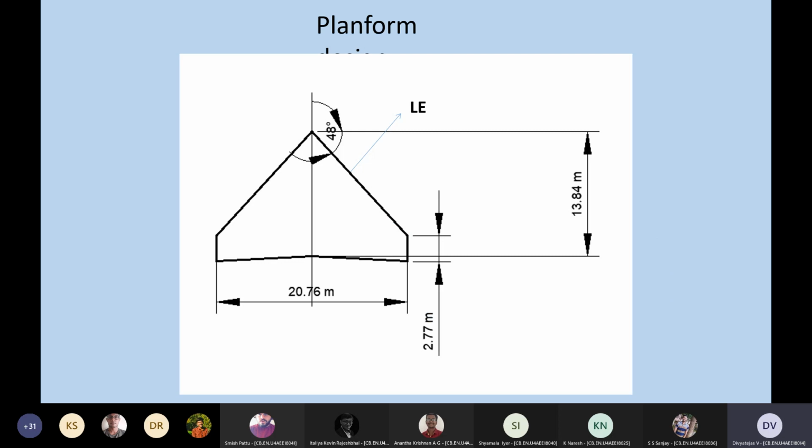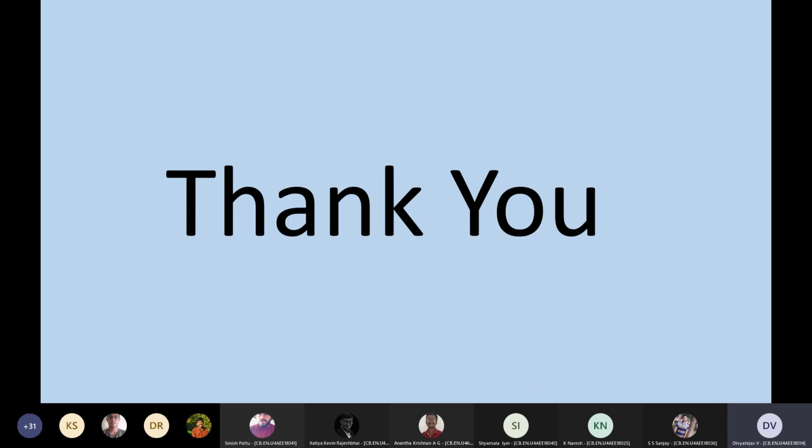From the data we have got, we have brought the planform design for our wing. Thank you.